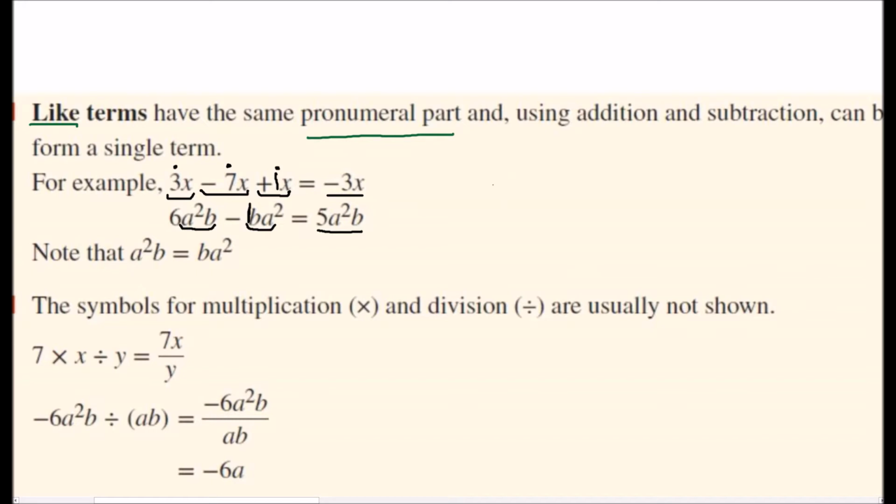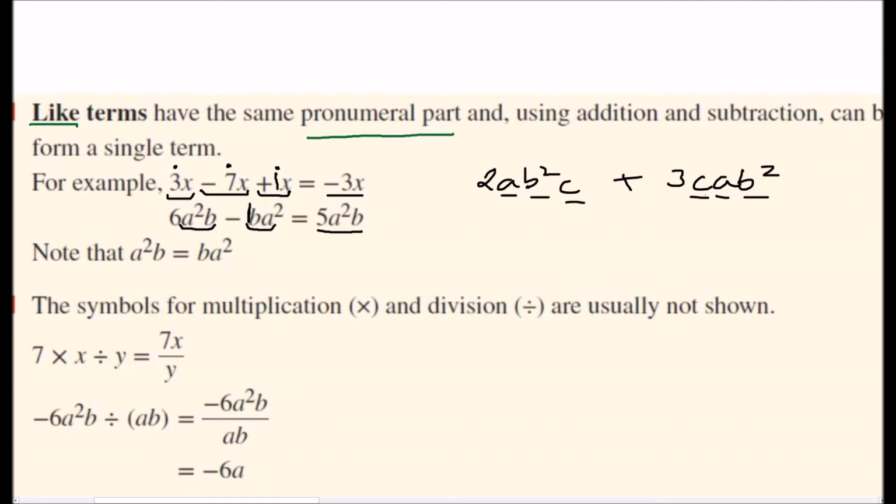Another example could be 2ab squared c plus 3cab squared. They're both exactly like terms, because you can see that the a and the a have no power or no indices. The b squared, there's also a b squared there, so they both have squares, and the c is by itself as well.